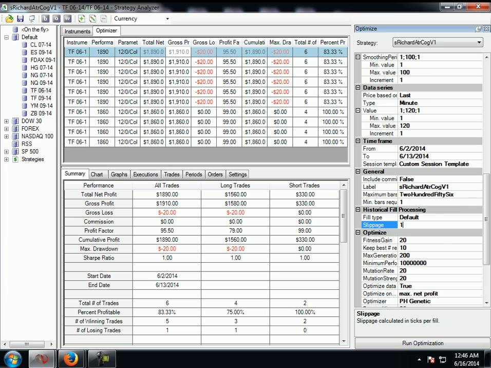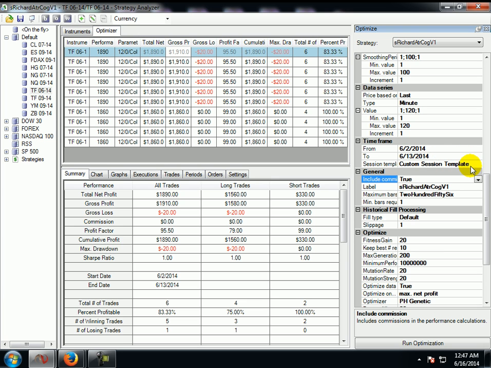Our slippage is 1. You can include your commission if you want. We're dealing with such small numbers here that you can just figure 10 to 12 bucks round trip, and then just multiply by the number of your trades.